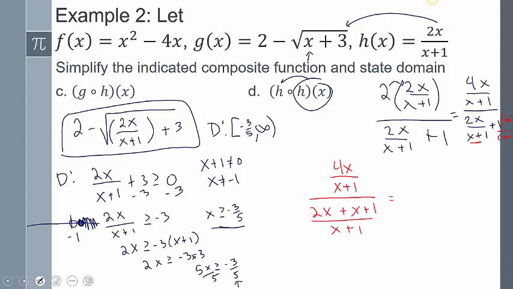So now combining like terms, I'm going to get 4x over x plus 1 over 3x plus 1 over x plus 1. Now those cancel out, so I'm going to get 4x over 3x plus 1. And so that's going to be my simplified composition. Now remember, you'd still have to find the domain in that instance.